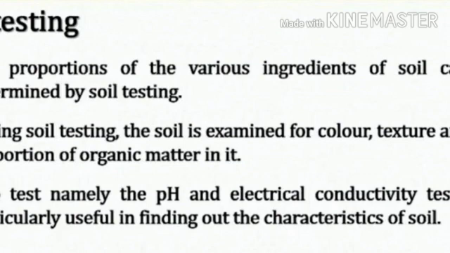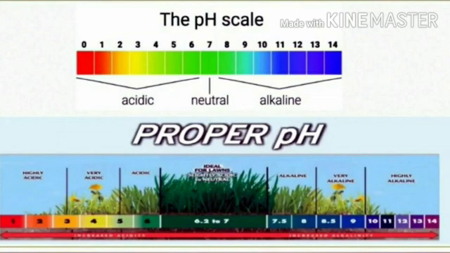Soil testing. The properties of the various ingredients of soil can be determined by soil testing. The Danish scientist Sorensen put forth the concept of pH based on the concentration of hydrogen ions. To determine the pH of soil, a mixture of water and soil in the proportion of 1:2 is taken and tested using indicators.